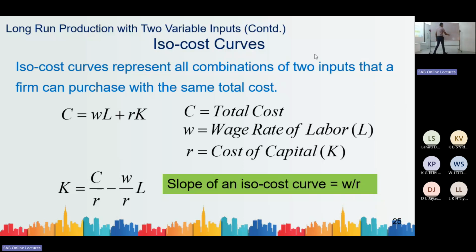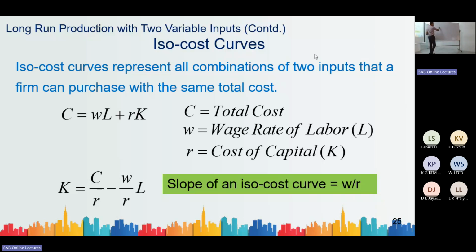K equals intercept minus slope into L. So this is the standard expression for the isocost. We should find the value for the intercept and the value for the slope. That is our task next: find an expression for the intercept and an expression for the slope.